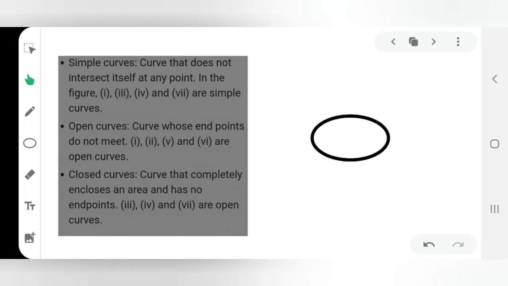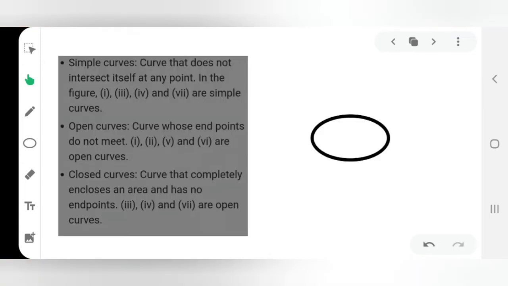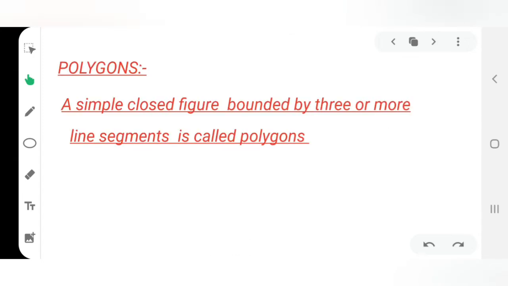In this figure, this is a closed curve, this is a closed curve, and this last one is also a closed curve because they enclose an area and do not have any endpoints. Clear, students? So these are the three types of curves: simple curves, open curves, and closed curves. Now class, we move to the basic definition of polygons.